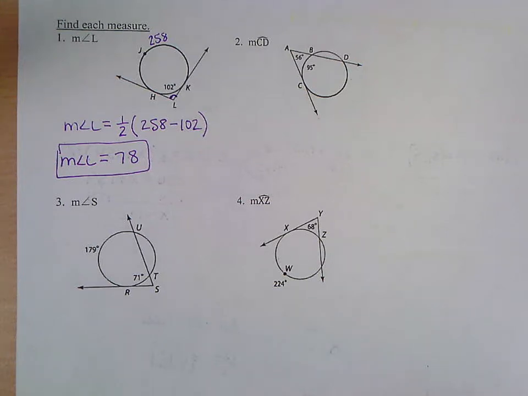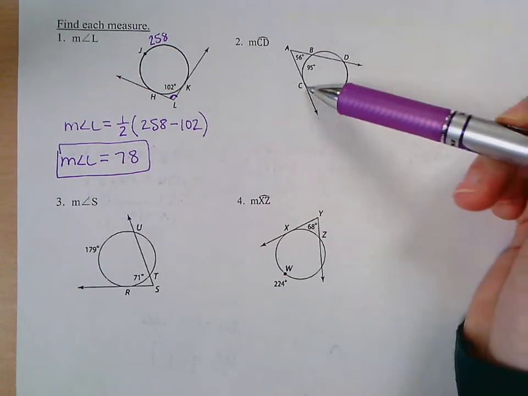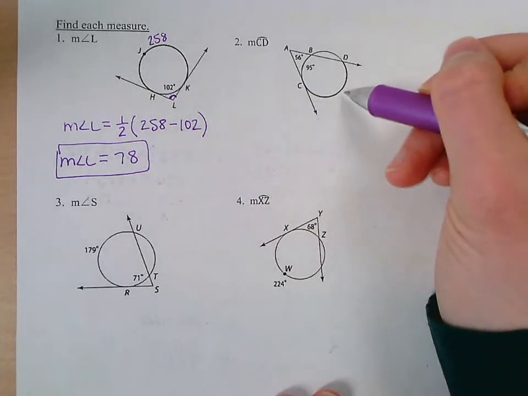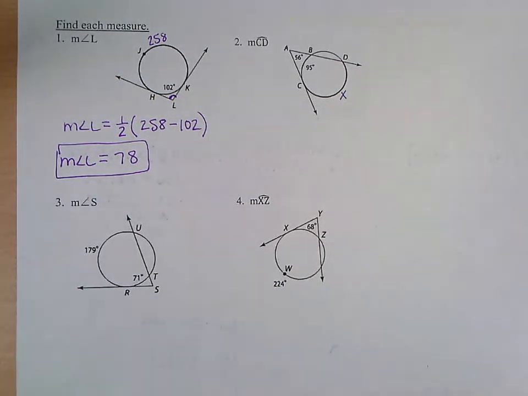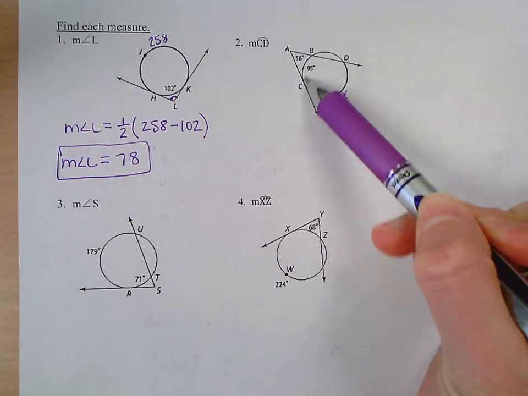All right, and then I'll go through example 2 with you also. This one we are looking not for the angle, but for the arc CD. So just for equation purposes, I'm going to label that x right now. It's what I'm trying to find. I'm just going to assign a variable to it. I have the angle is 56 and then BC is 95.